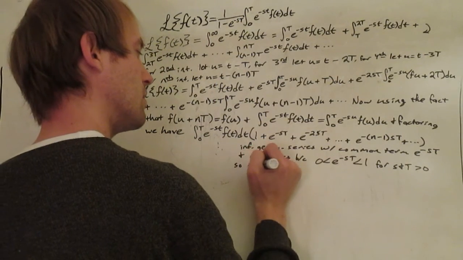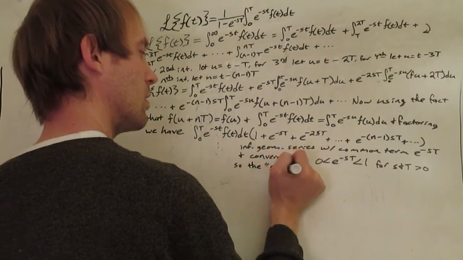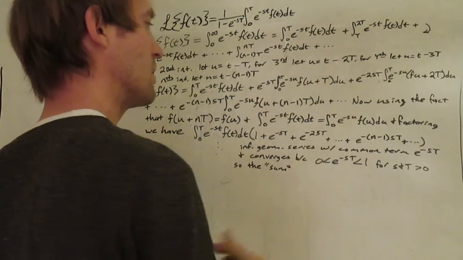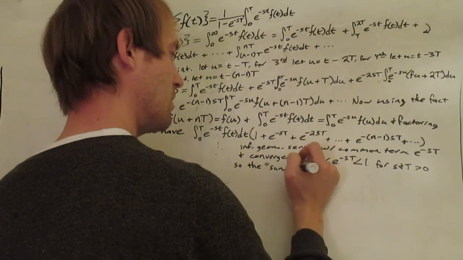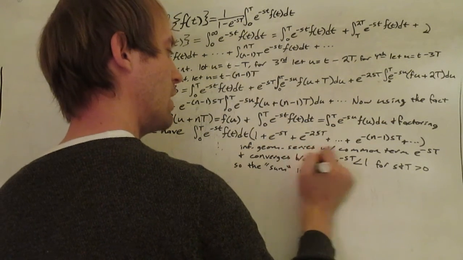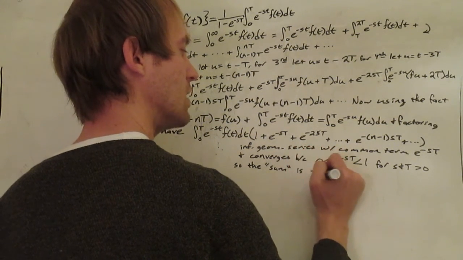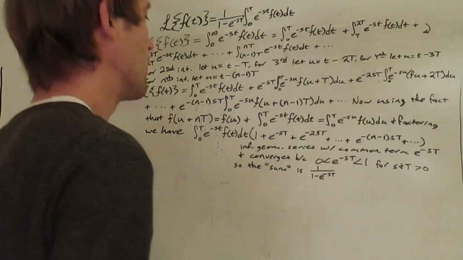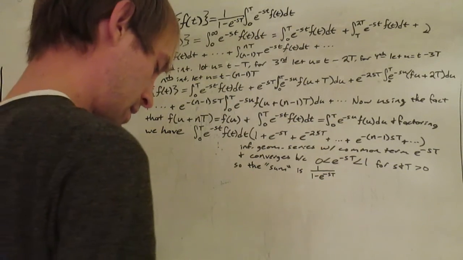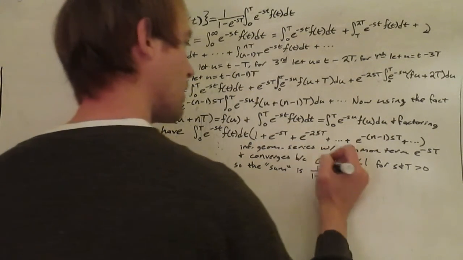So the sum, in quotation marks, because it's an infinite sum, but it's still a sum, is 1 over 1 minus e to the negative s capital T. Okay? It's a convergent series.